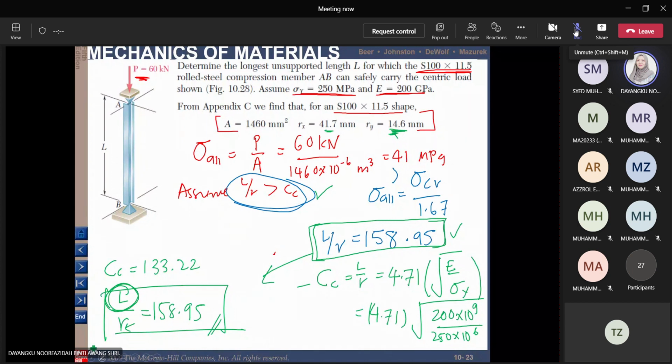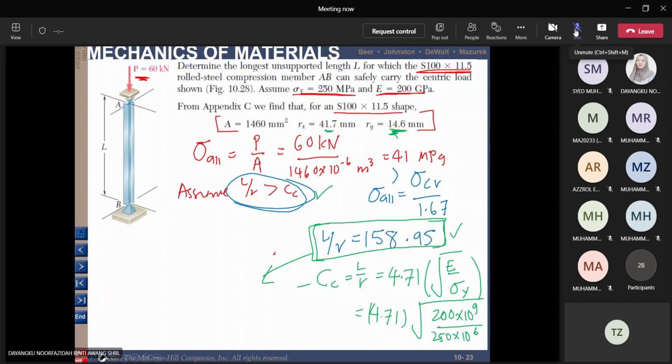So then you can get your value of L. The largest value of L will be L equal to 158.95 times 14.6 millimeter. So we will get this value here.